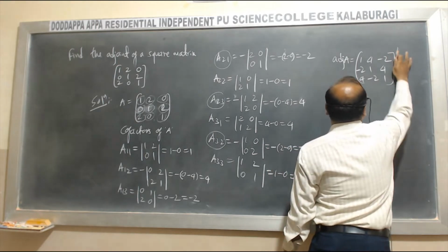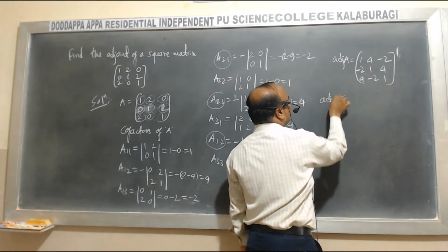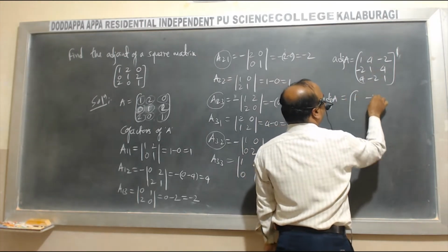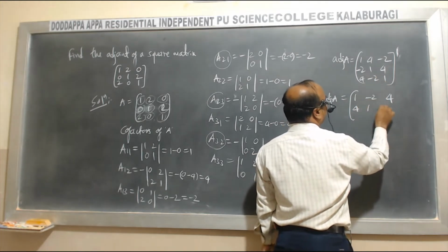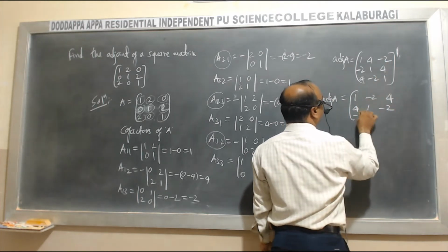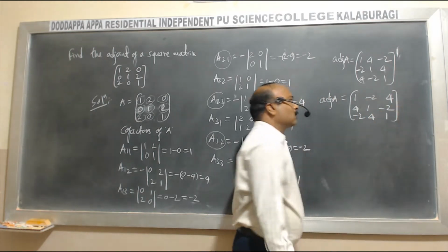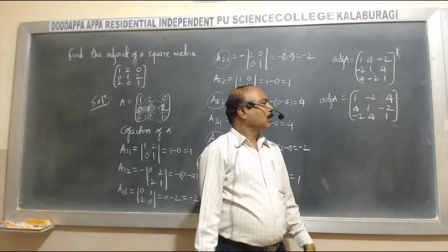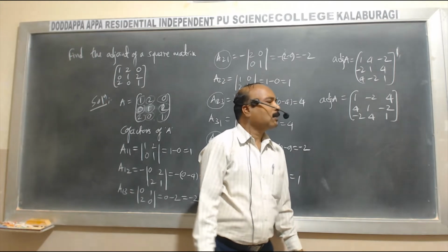Now the transpose of this gives the adjoint of A: first row 1 minus 2 4, second row 4 1 minus 2, third row minus 2 4 1. This is the adjoint of the given square matrix. Like this we calculate the adjoint of a matrix.